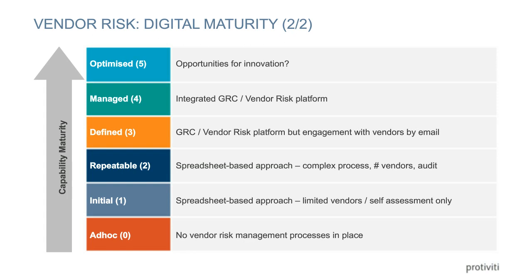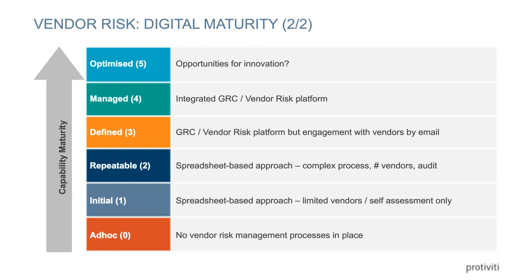So this is a maturity scale. We're going to focus on the managed level. So how do you put in place a more integrated vendor risk management platform? But we do see organizations at varying levels. A lot of organizations are still using on-premise third-party risk platforms. The difficulty with these is that it's quite hard for your vendors to access them.